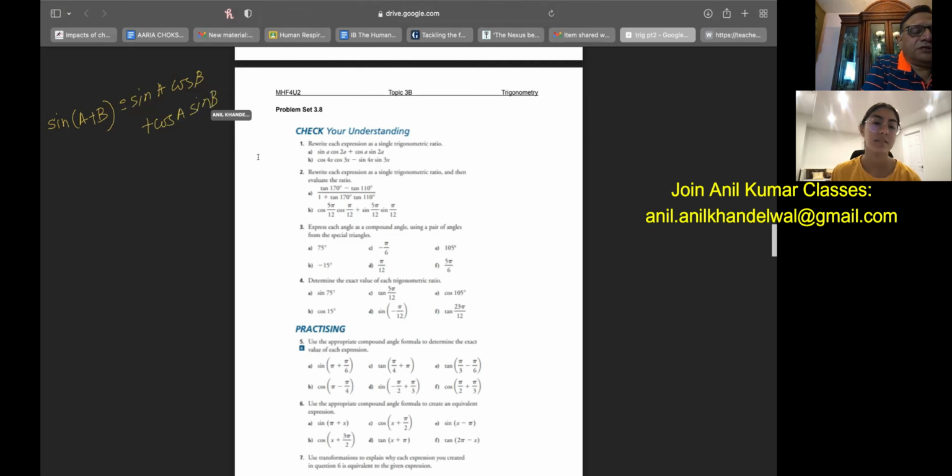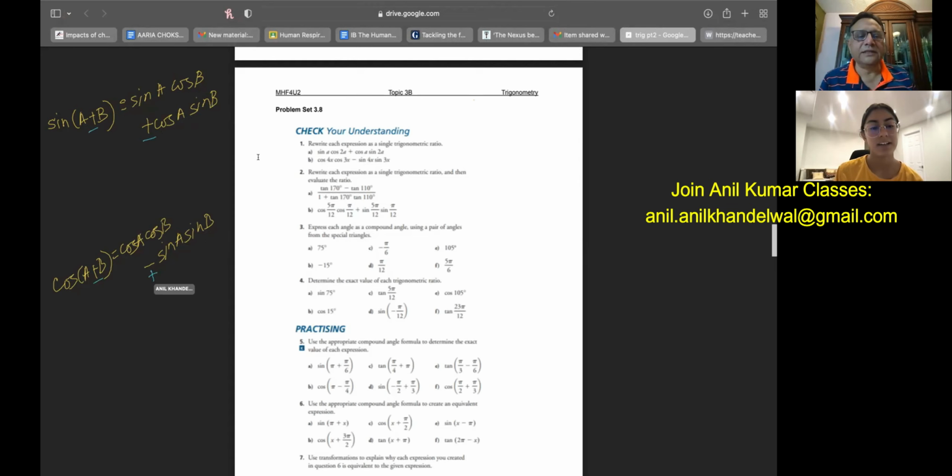Similarly, we have cos A plus B equals cos A cos B minus sine A sine B. Correct. And if I change this plus to minus, then this becomes minus, and that one becomes plus. Have a good look at these formulas.